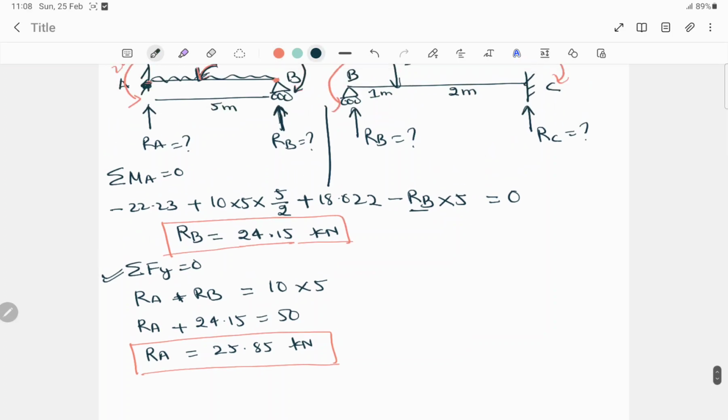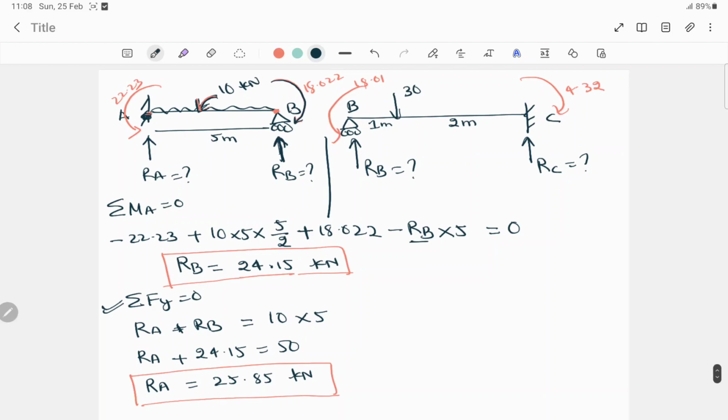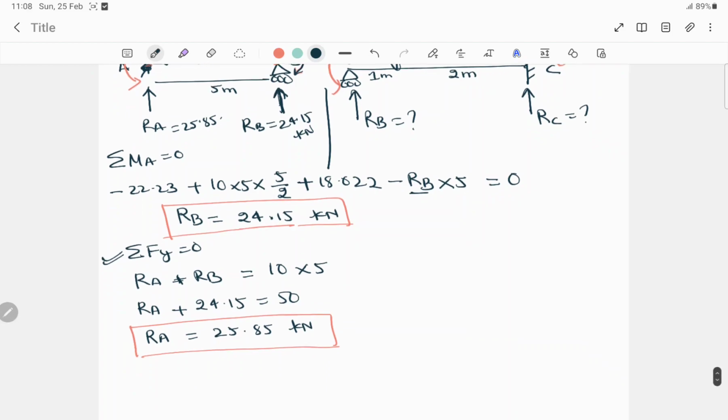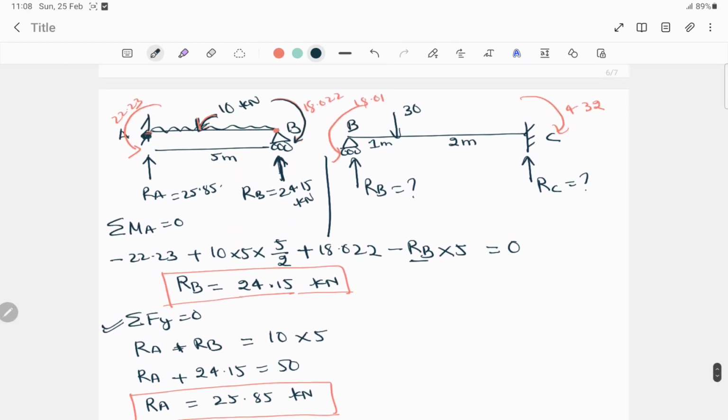So here RA value is 25.85 kilonewton, and RB is equal to 24.15 kilonewton. Now we have to solve for this one.